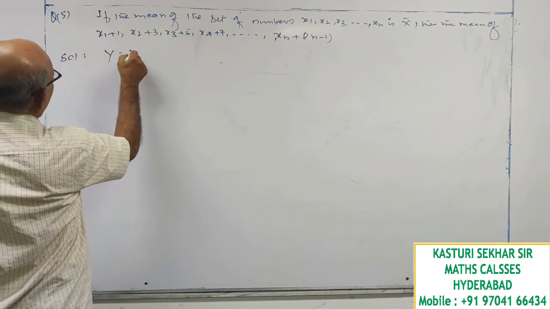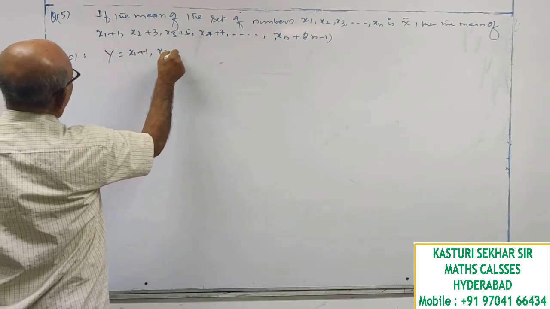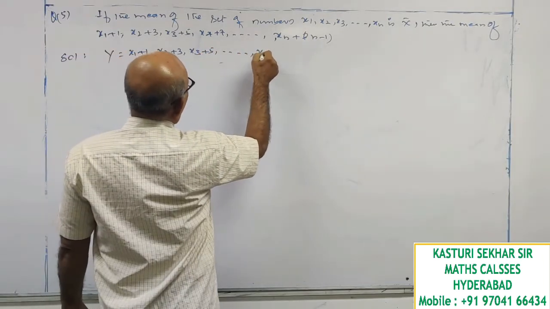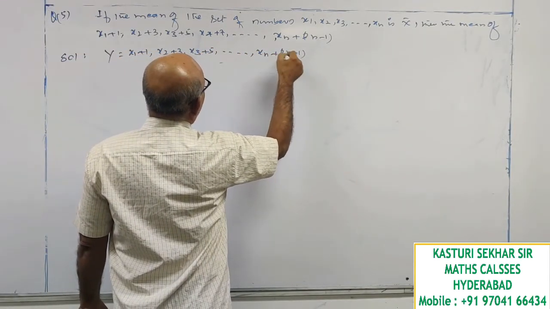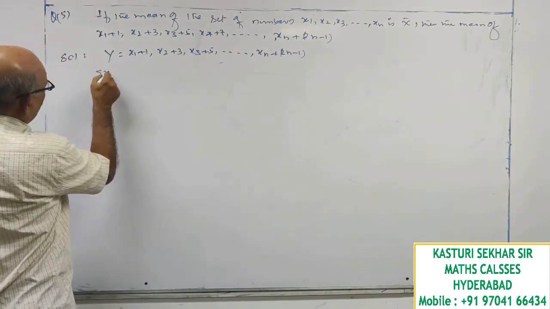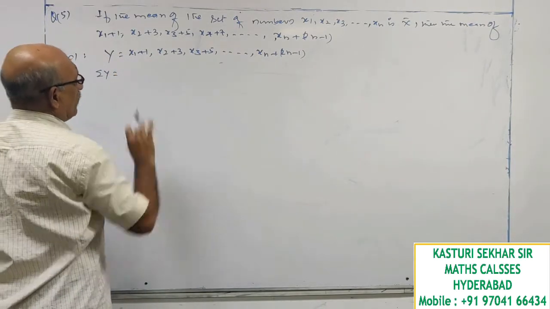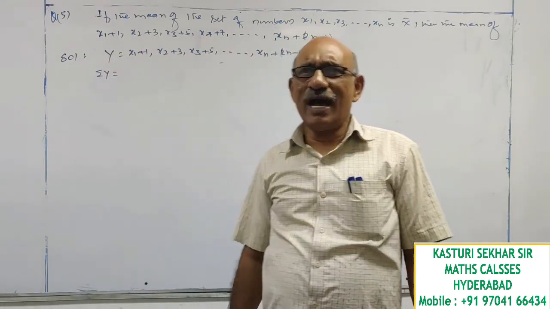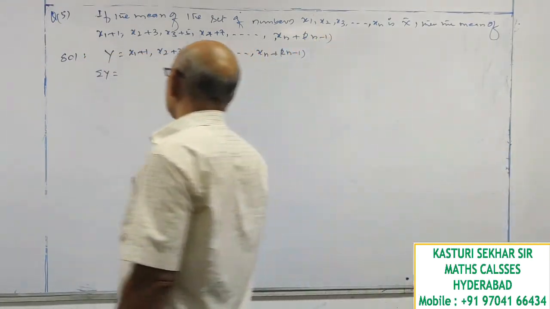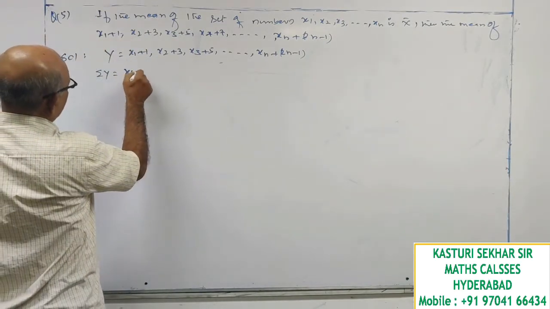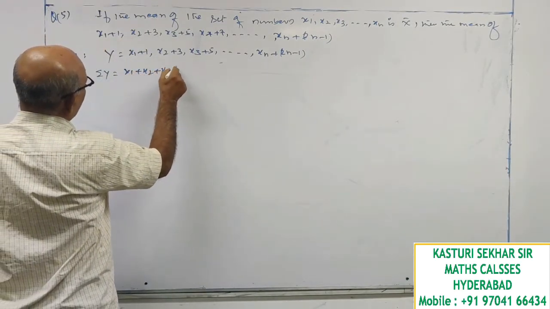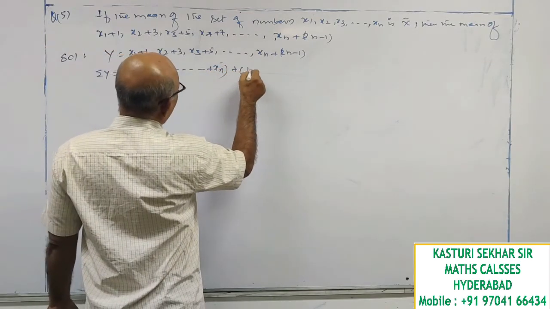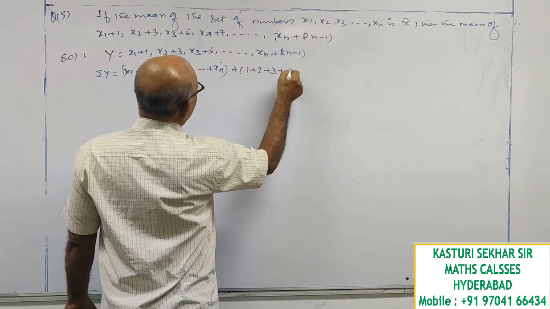Let y be x1 plus 1, x2 plus 3, x3 plus 5, xn plus 2n minus 1. Summation of y: you have to add these n terms. All the first terms I am adding at one place, and all the second terms I am adding at one place.